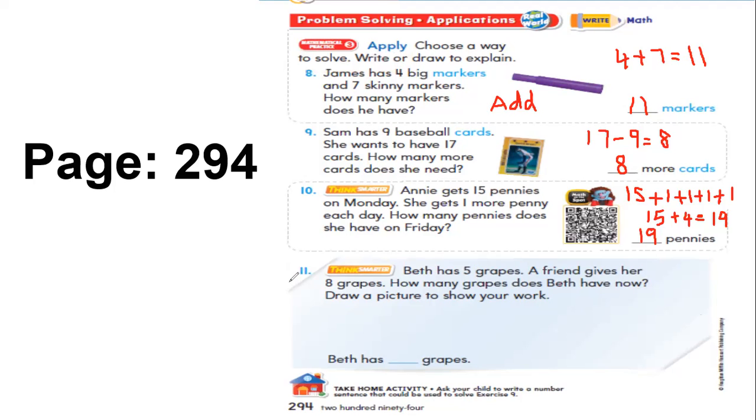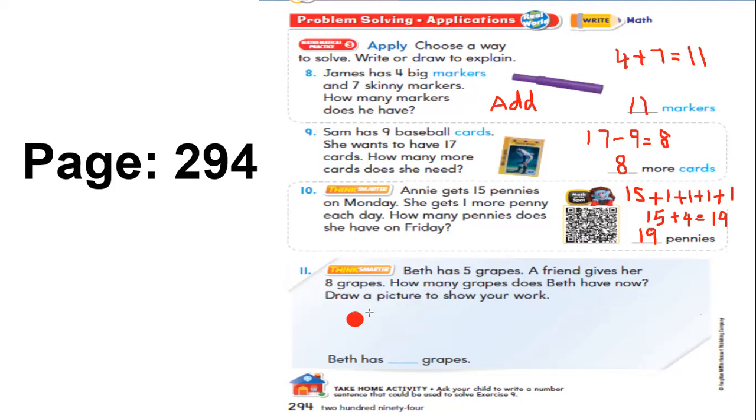Now question number 11. Beth has 5 grapes. A friend gives her 8 grapes. So how many grapes does Beth have now? Draw a picture to show your work. So let's draw. First we have 5 grapes.